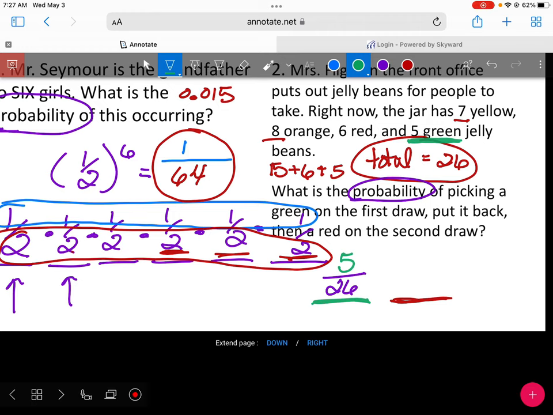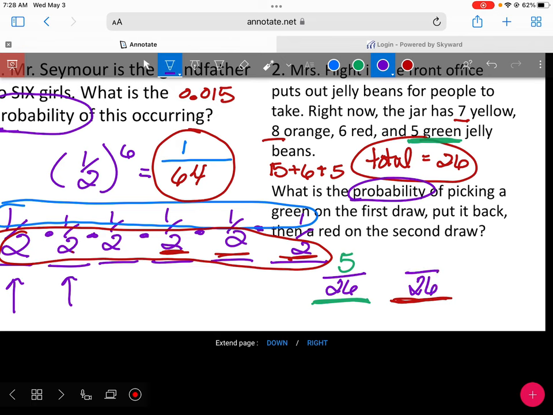Then whatever we picked for that first one, we're going to put it back in the jar. Not so sanitary. But then how many total will I have before I draw the second one? 26. Yeah, I still have 26 because we put that first one back.